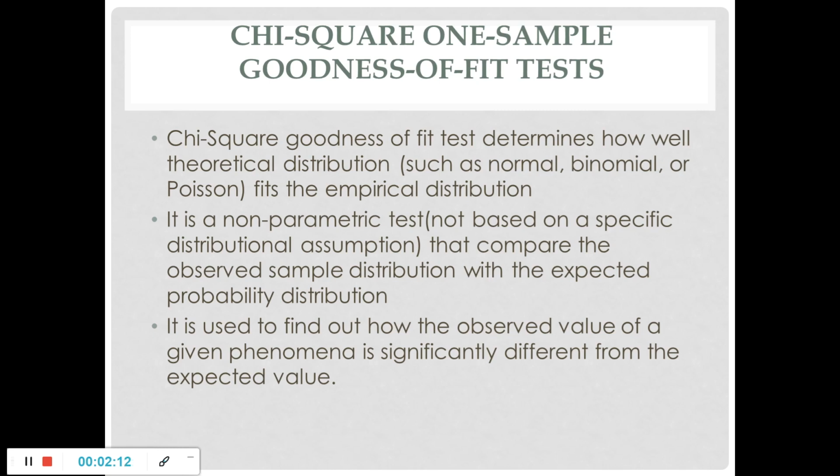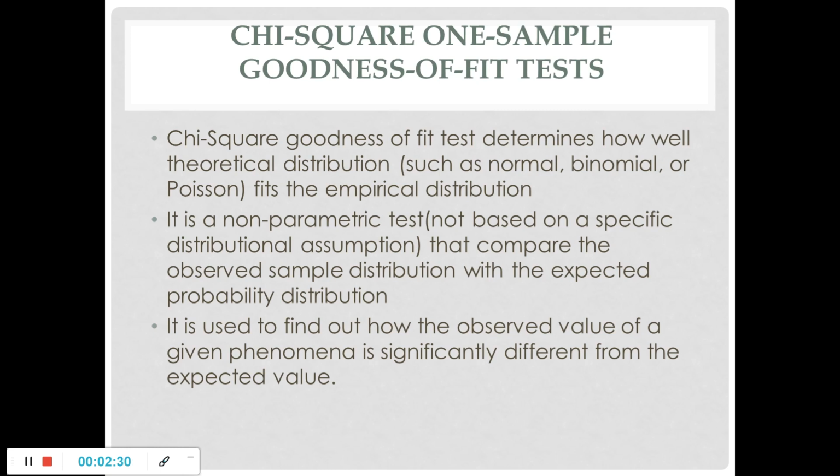It compares the observed sample distribution with the expected probability distribution. Or we can also say it is used to find out how the observed value of a given phenomenon is significantly different from the expected value.